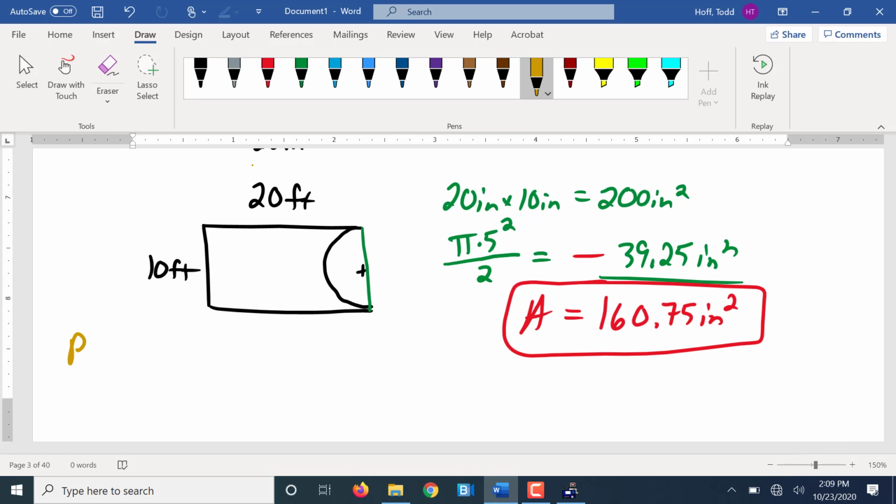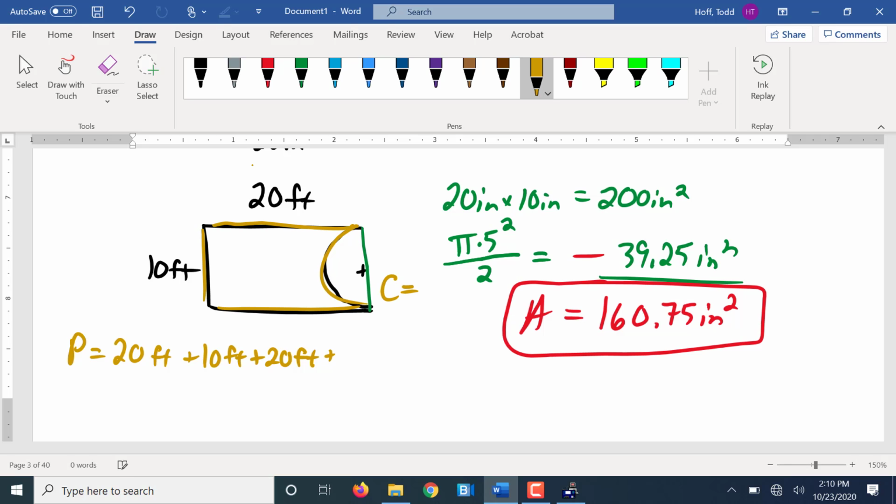This one here, the perimeter is going to work the same way. We're going to pick a spot and work our way around. It's 20 feet plus 10 feet plus 20 feet plus, how do I get that? We don't have to subtract. It's for perimeter, it's still adding on to it. It's subtracting out the area, but it's still adding on to the distance around.